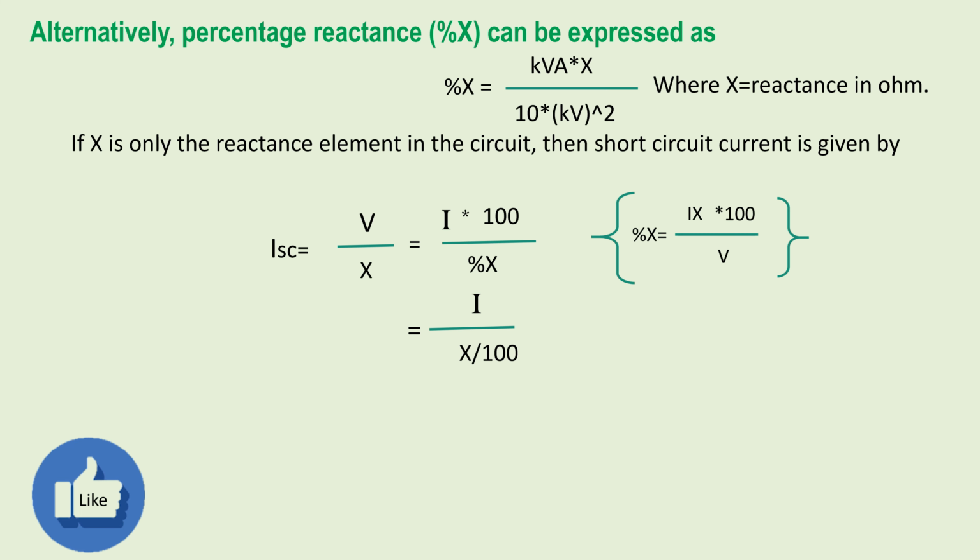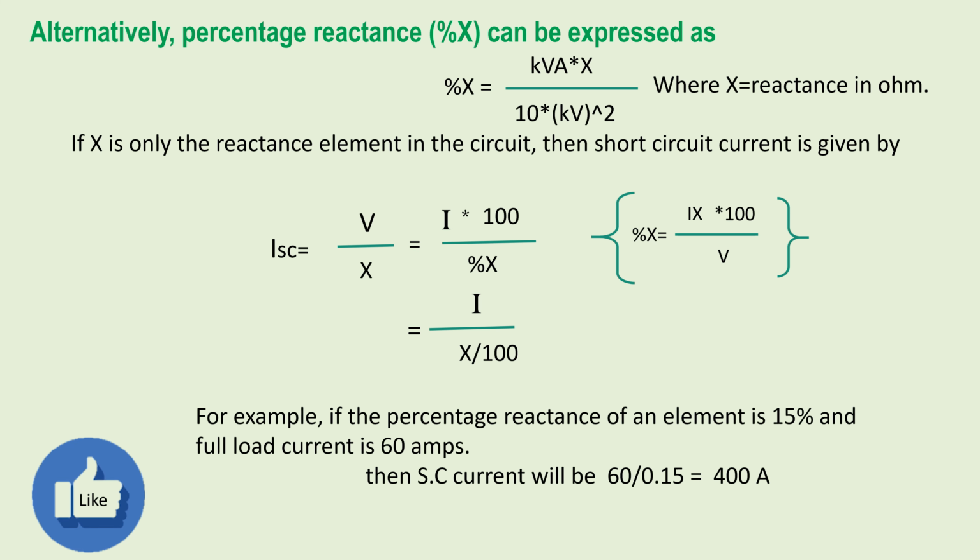short circuit ISC is equal to V by X is equal to I into 100 divided by percentage reactance. As we know, percentage reactance X is equal to IX into 100 by V, so ISC is equal to I by X by 100.